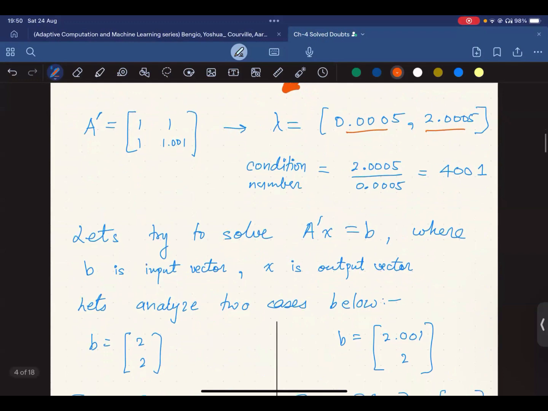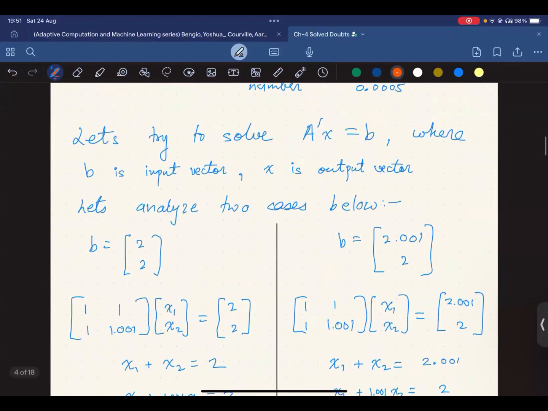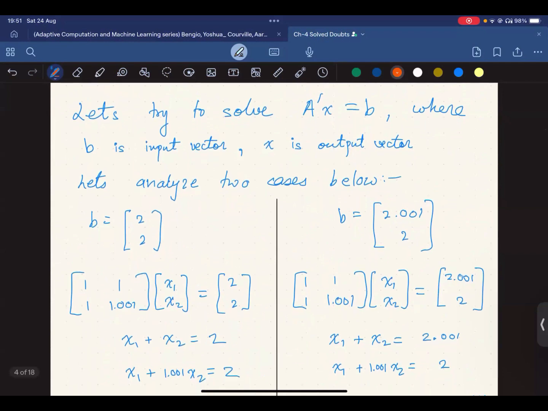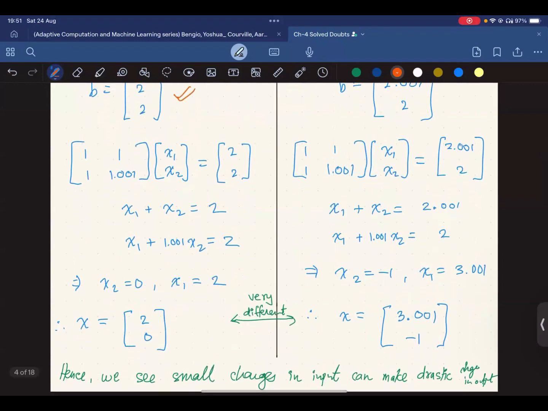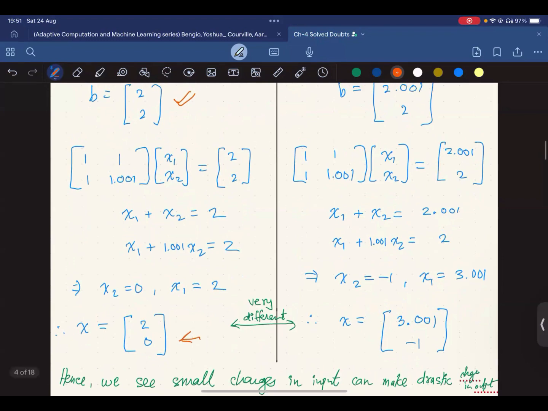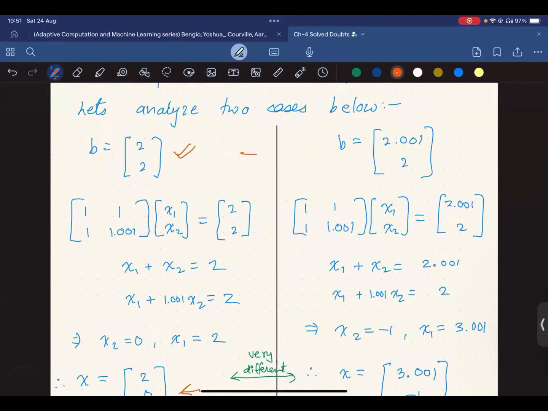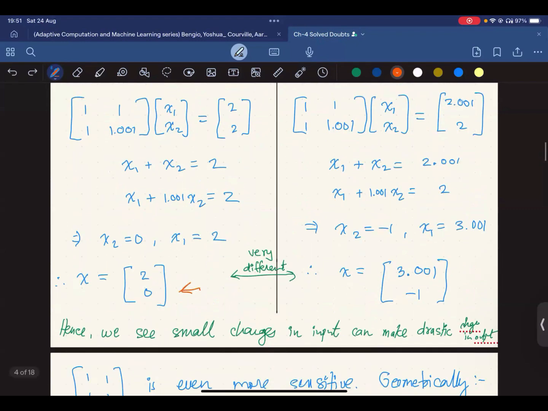If we solve A'x equals b here, where b is, let us say, 2 comma 2, the x vector comes out to be 2 comma 0. But if we create a small change in this b, and solve for x, we get this quantity, which is very different from the x that we got for 2 comma 2. So here we can see a small change in input b can make a drastic change in output x.